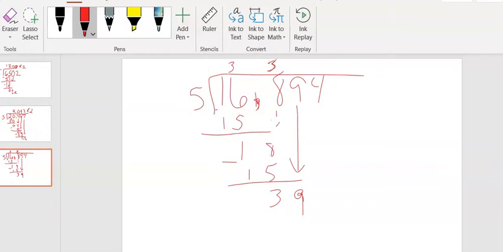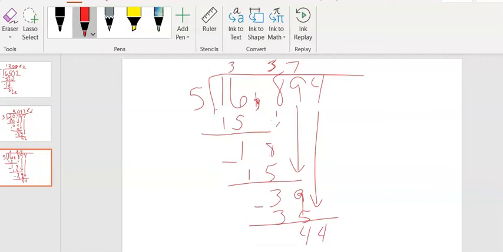So that's too big. 5 multiplied by 7 is 35. So we'll have to do that because it doesn't go over it, right? But it's as close as we can get to it. So 39 subtract 35 gives us 4. We're going to bring down this other 4.